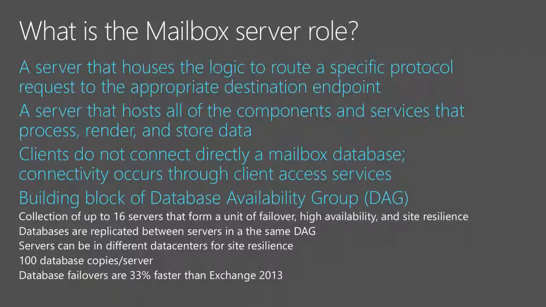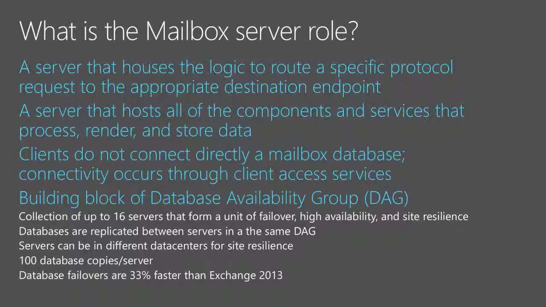But by and large, the DAG in 2016, the fundamentals of it are largely the same as it was in 2013. 100 databases per DAG, 16 servers per DAG, et cetera. One big change, though, is that database failovers are now about a third faster in Exchange 2016 than they were in 2013.